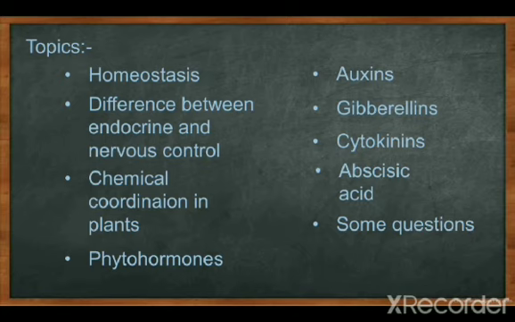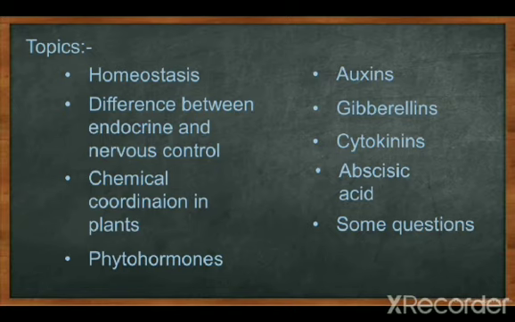Next is phytohormones. Phytohormones means plant hormones, the hormones present inside the plant which help in control and coordination. These are Auxin, Gibberellin, Cytokinin, abscisic acid, and some related questions on all these topics.